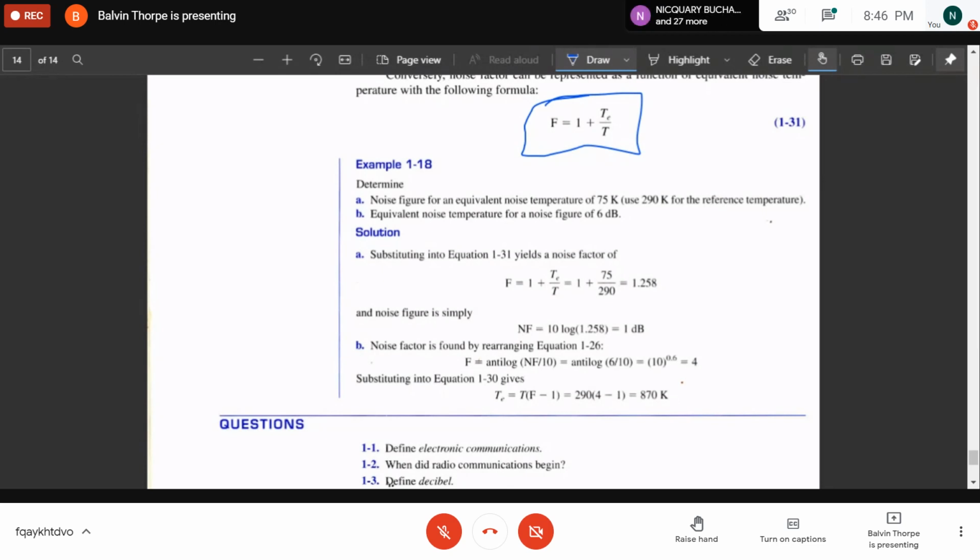We substitute equation 131, and we find an answer that will give us the value for F. So substituting equation 131, then it could give you the factor, as we mentioned before, F equals 1 plus T equivalent over T0.